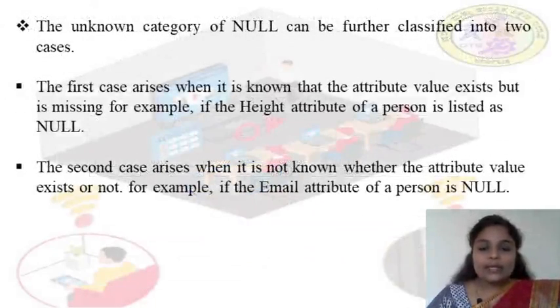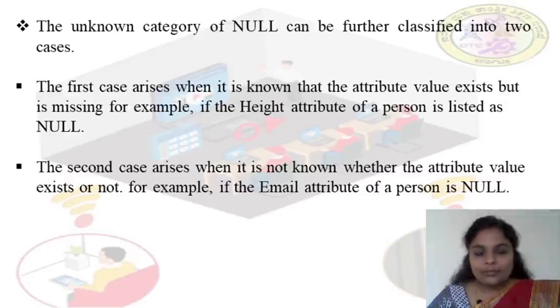The unknown category of null can be further classified into two cases. The first case arises when it is known that the attribute value exists, but it is missing. For example, if the height attribute of a person is listed as null. Assume that you are filling some application and they have asked you the blood group of a person.